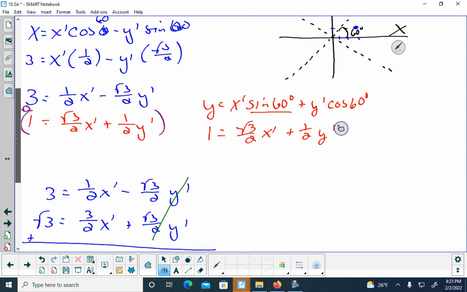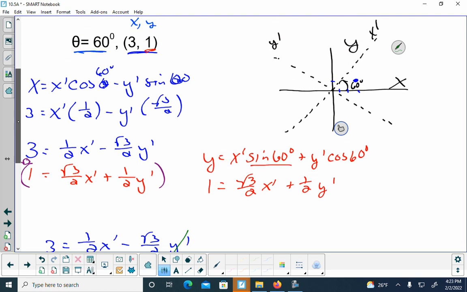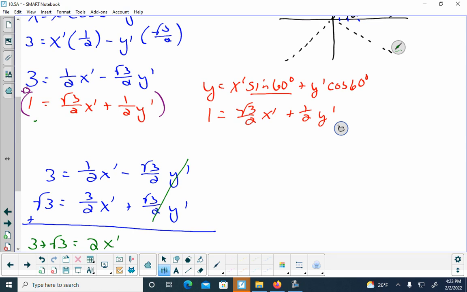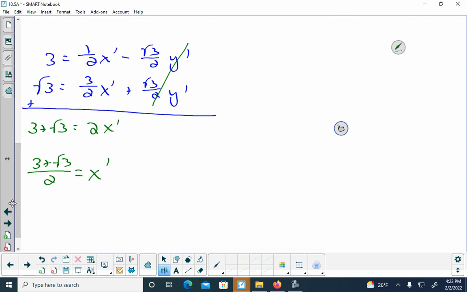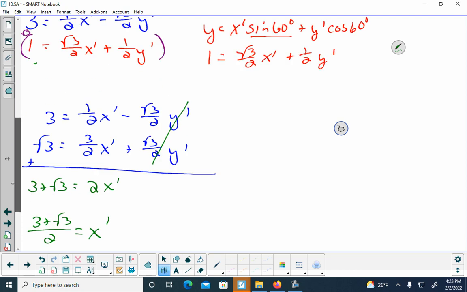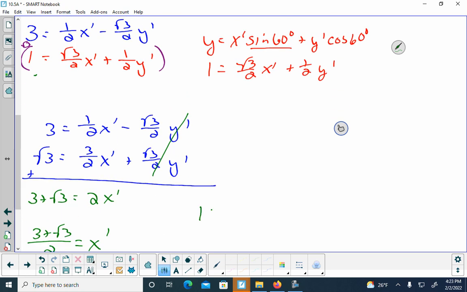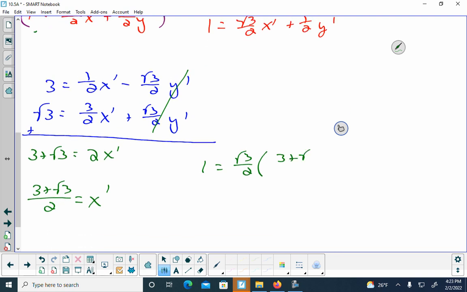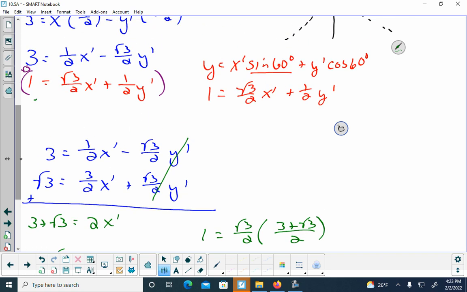I can substitute it back into either one to find my y prime. Let's go ahead and put it back in here. So I'm going to have 1 equals the square root of 3 over 2 times x prime, which I just said was 3 plus the square root of 3 over 2, plus 1/2 y prime.